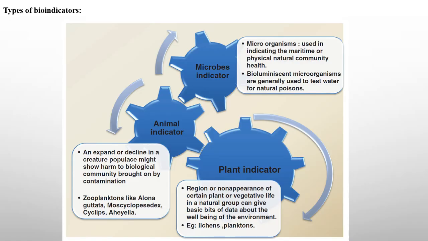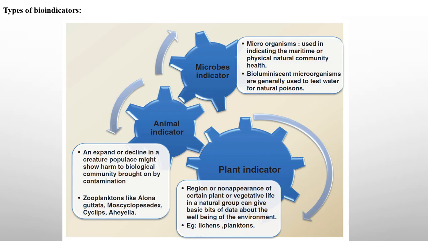Next come the types of bioindicators. Depending upon the nature of the organism, bioindicators are mainly divided into three main categories: plant indicator, animal indicator, and microbial indicator. Coming to the first, plant indicators provide very valuable information to predict the status of the environment, since they are immobile and rapidly attain equilibrium with the natural surroundings.